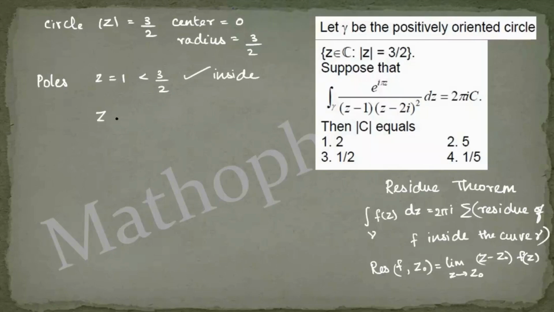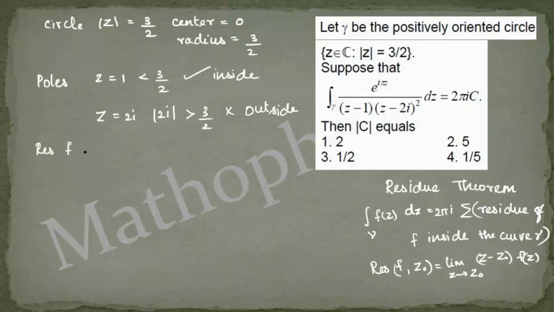And another pole occurs at z is equal to 2i. Mod 2i is obviously greater than 3/2, so it is outside the circle.